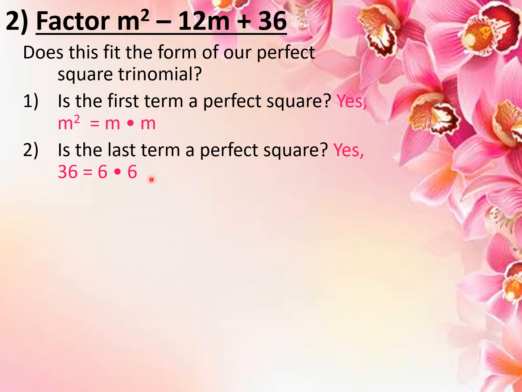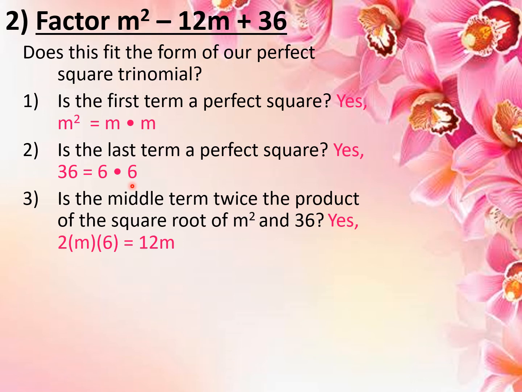Second condition, is the last term a perfect square? Yes, of course, perfect square. Kay ang 36 is equal to 6 times 6. Ug ang last na condition is the middle term twice the product of the square root of m squared and 36? Yes, the square root of m squared is m.